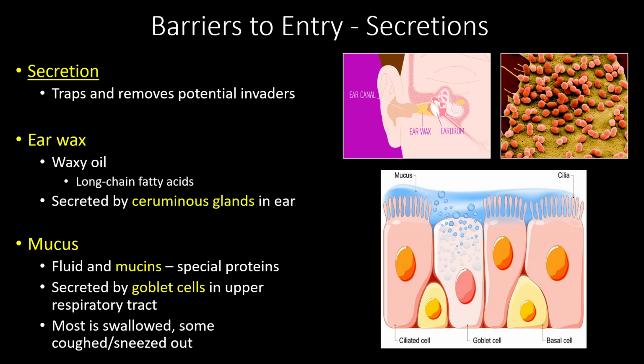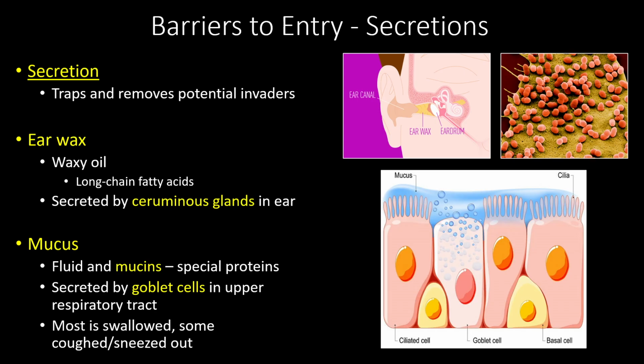And then we have special cells that can help remove that mucus. A lot of it is moved up and up and up out of the respiratory tract, and into either your esophagus where you swallow it, or you might cough or sneeze it out.